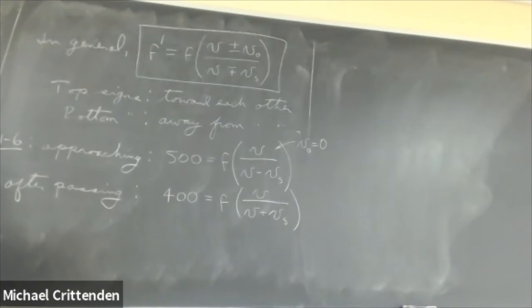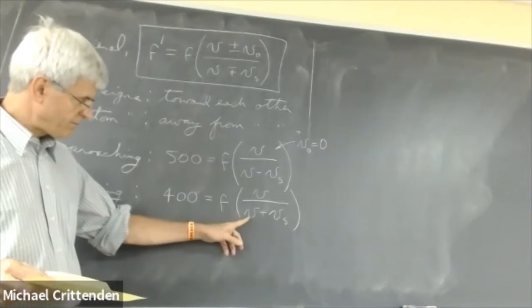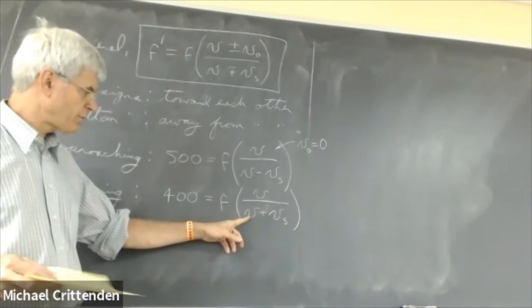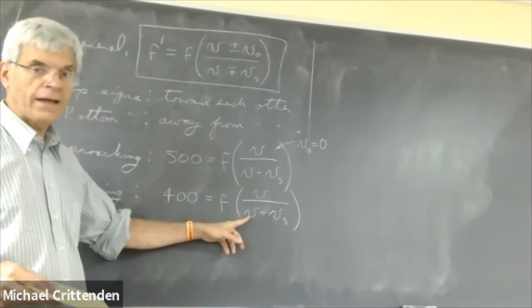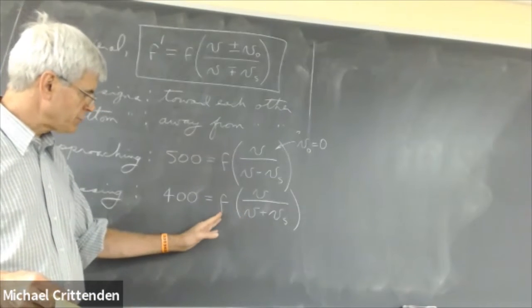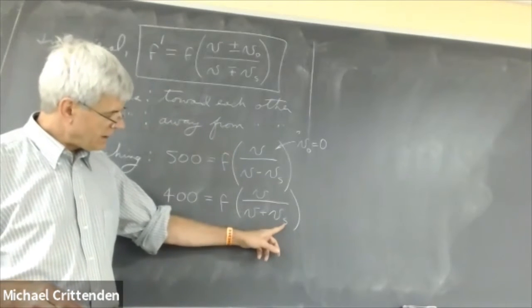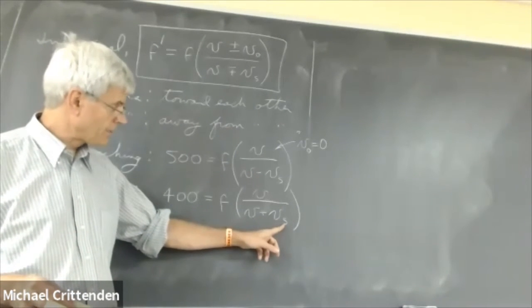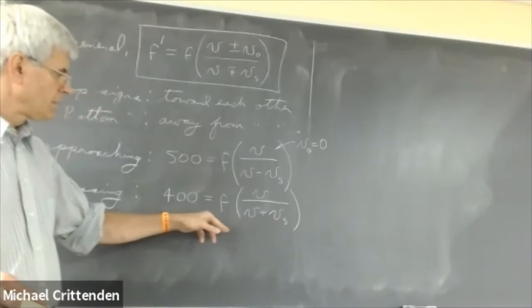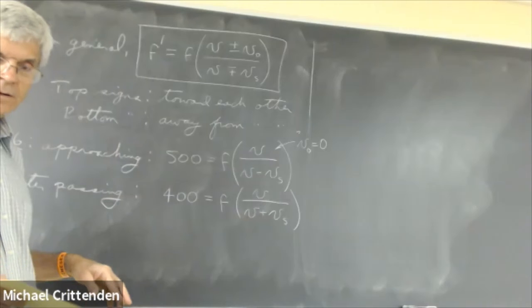And so we have a system of two equations in two unknowns. Remember, V is actually 343. I can fill that in anytime the mood strikes me. There are two things I don't know: the unshifted frequency, the frequency the driver hears, and the speed of the car. There are different ways you could work your way through the algebra.